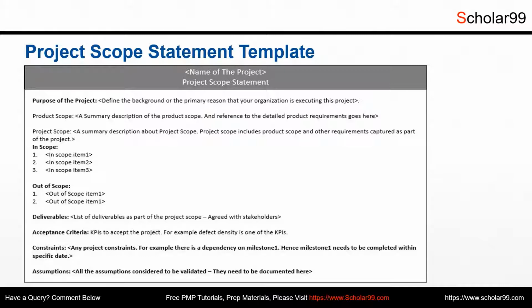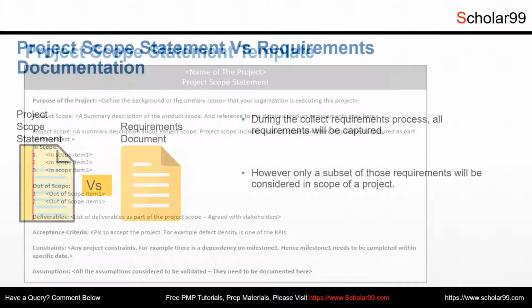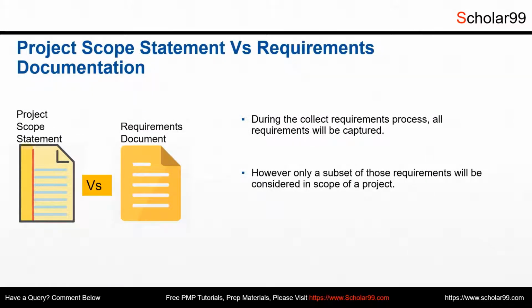Finally, now let's look at the differences between the project scope statement and the requirements documentation. For some PMP aspirants, the difference between the project scope statement and the requirements documentation is a little ambiguous. As we have already discussed, the requirements documentation is one of the primary inputs to develop the project scope of your project.